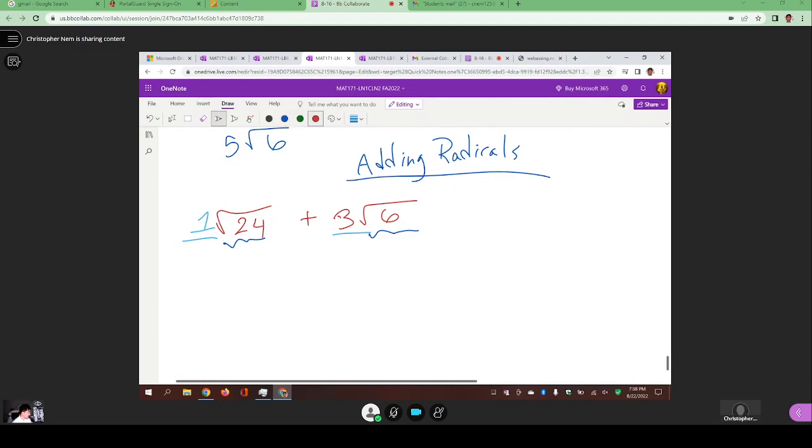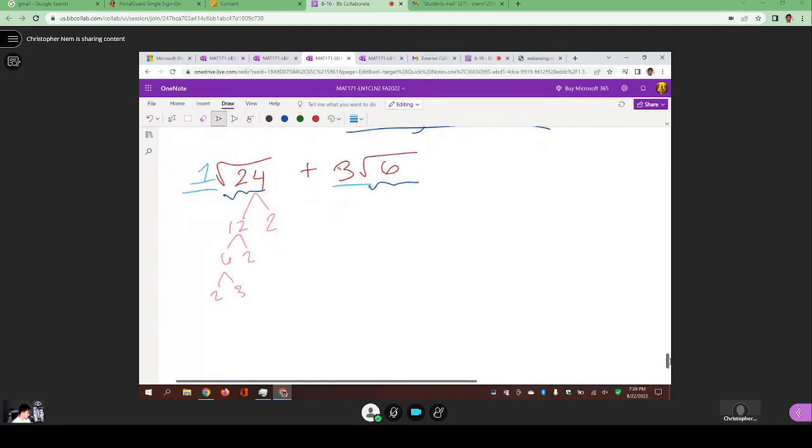All right, so if you haven't figured it out, what you can do is actually do the factor tree of 24, which is 12 and 2, 6 and 2, 2 and 3. And then because the index is assumed to be 2, we're going to get pairs. Boom. Now, when I drop this over, this 1 was multiplying the square root 24 in the first place. That must be in our problem.